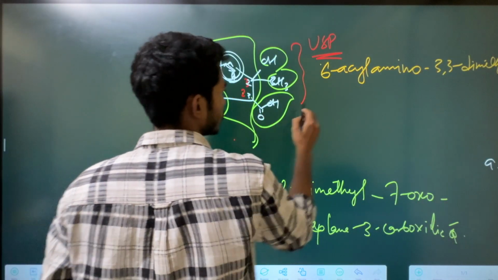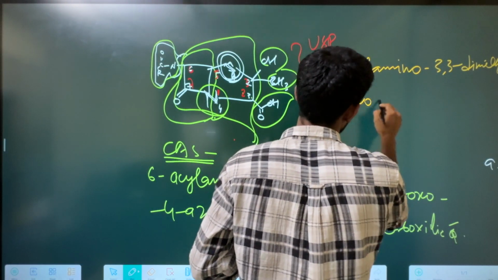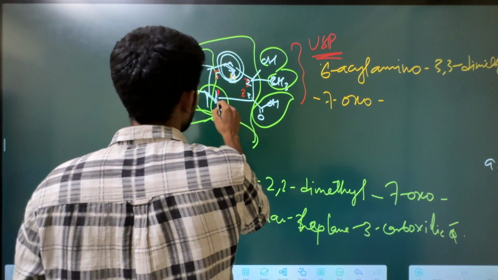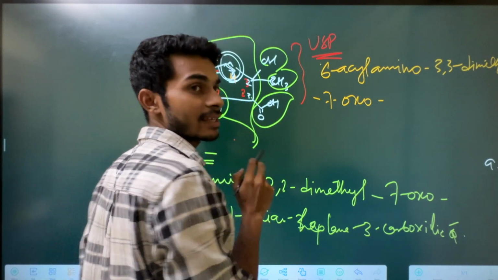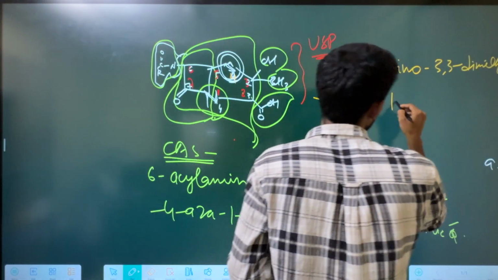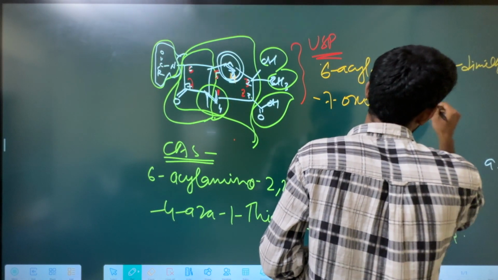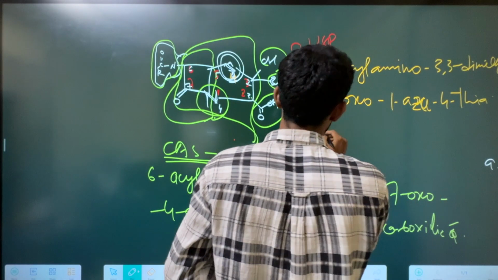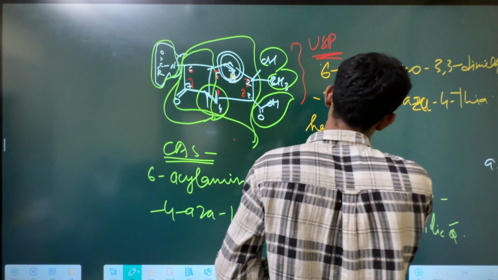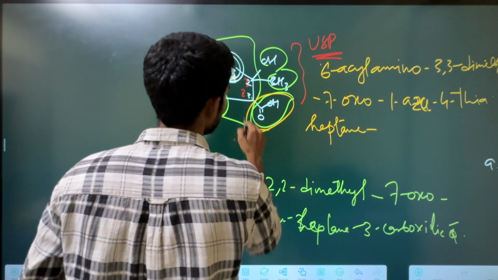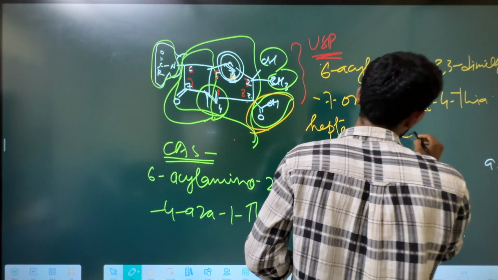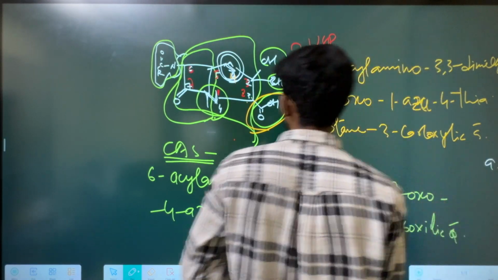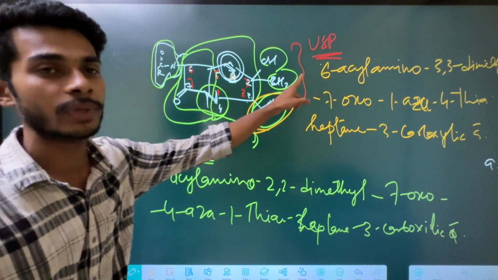Then at 7th position, 7-oxo. Then this one is at 4th position now. So 4-thia, 1-aza, but A comes first. So 1-aza, then 4-thia, then heptane, 3-carboxylic acid. Okay, so this is number 1, this is number 2.